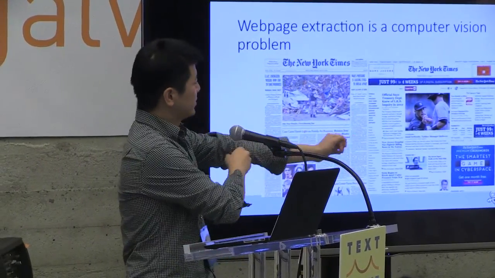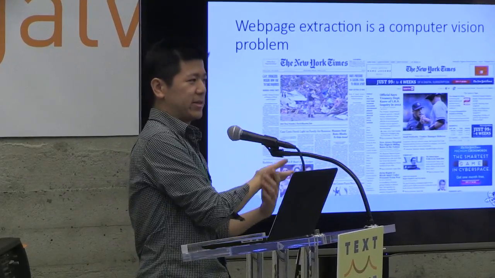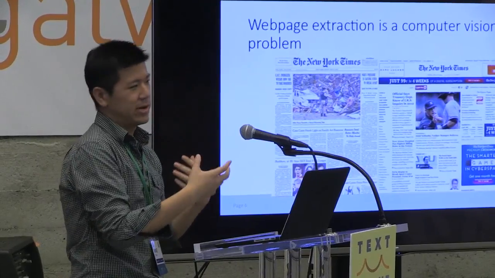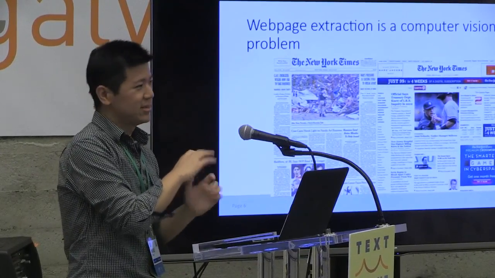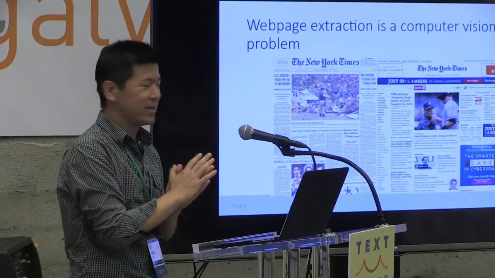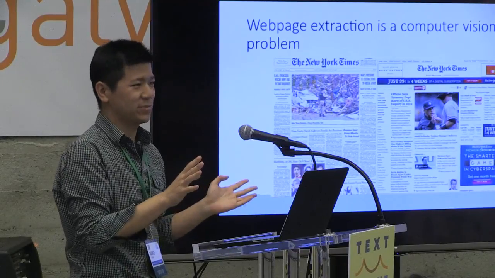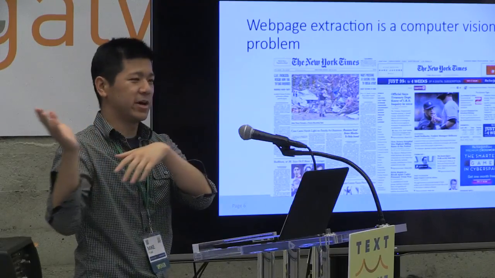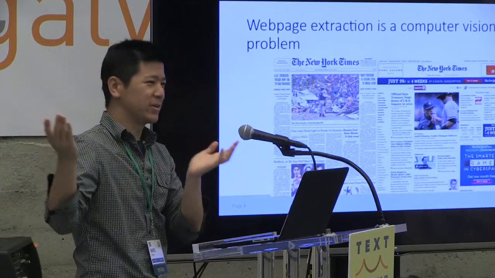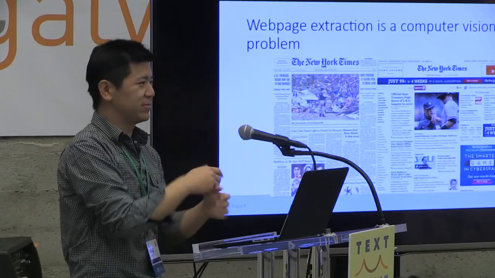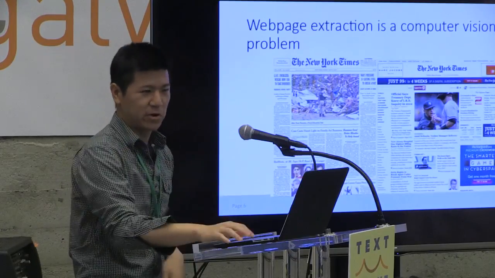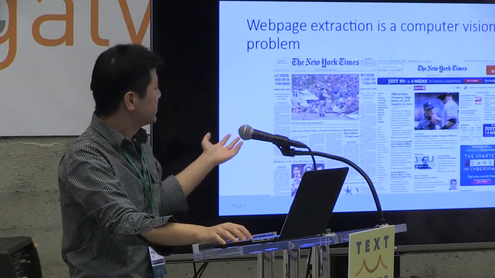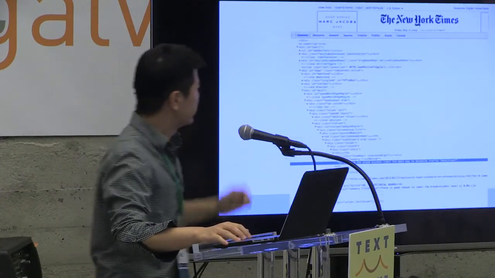So why not just work at the layer that the human sees, rather than trying to infer, based on a whole bunch of hard-coded rules and things of the HTML syntax, which is unreliable, and which go away basically when we move to a new kind of document presentation technology. Like if you go to Flash, or if you go to HTML5, then those conventions and programming things all go away. So it's another reason why I think visual is so important.